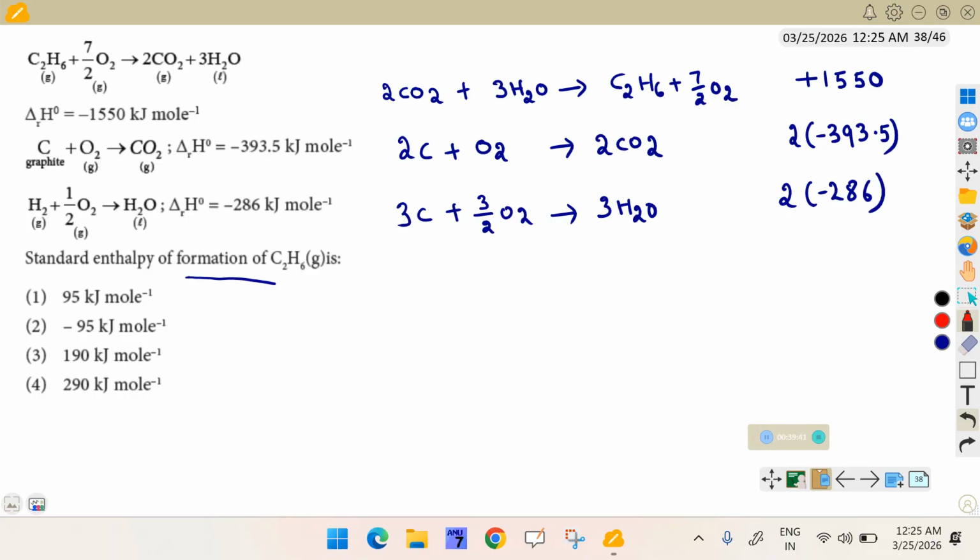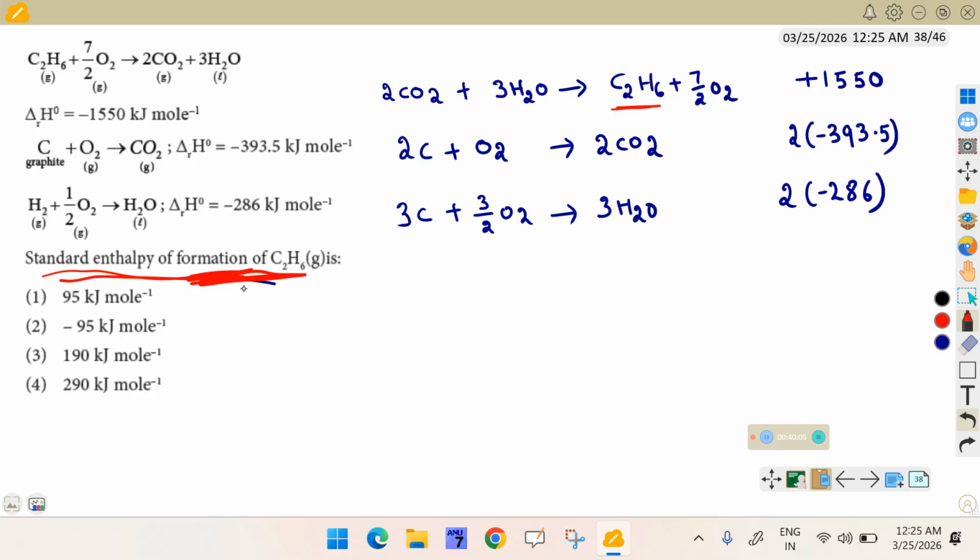Ethane combustion reaction is given. Graphite combustion reaction is given, hydrogen combustion reaction is given. Calculate standard enthalpy of formation of C2H6. Here C2H6 term is involved. C2H6 is a product, but standard enthalpy of formation. What is standard enthalpy of formation?